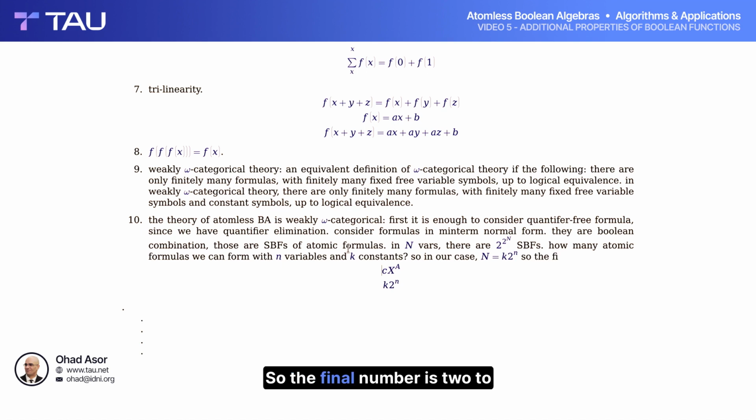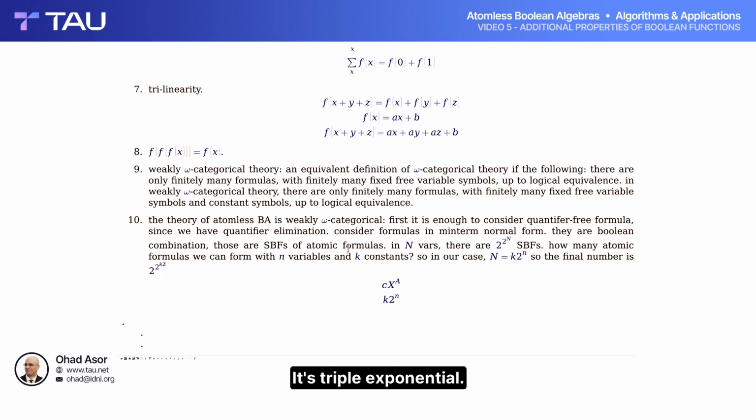So the final number is 2 to the k times 2 to the n, and then 2 to that. It's triple exponential. That's an upper bound of how many formulas up to logical equivalence you can write with prescribed finite sets of constants and free variables.